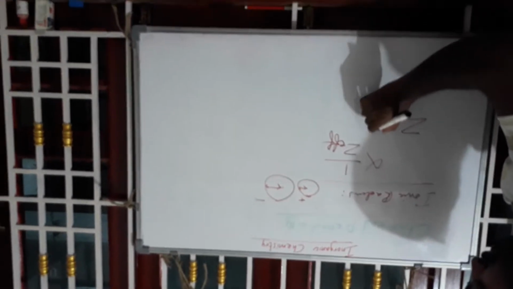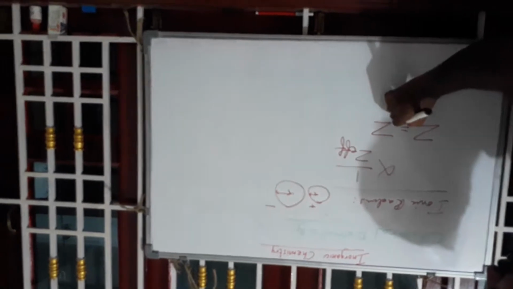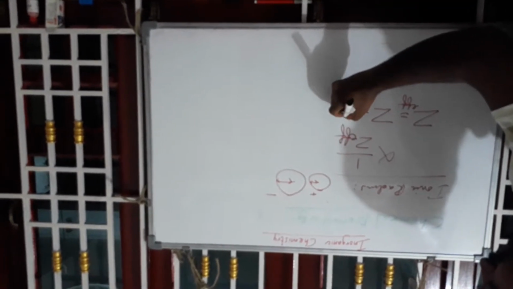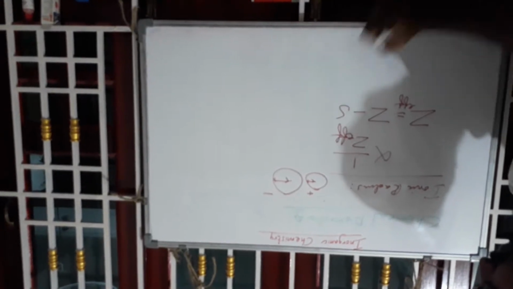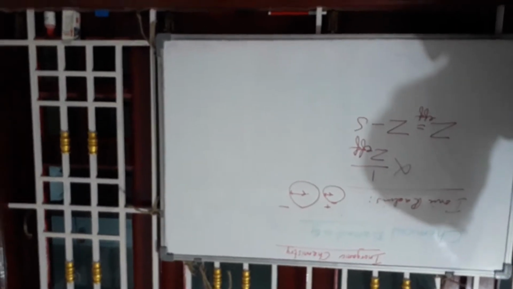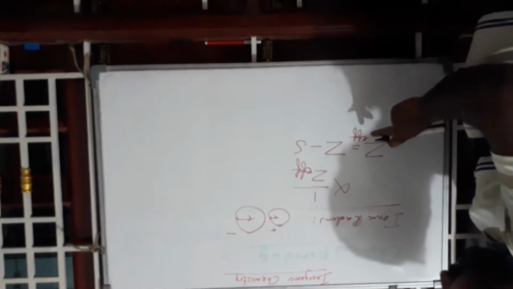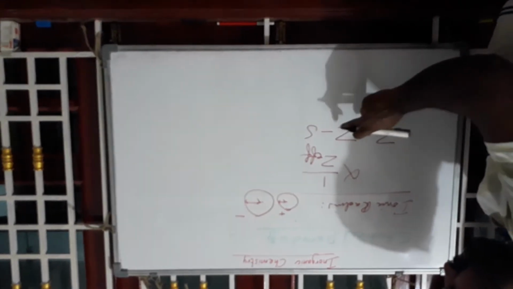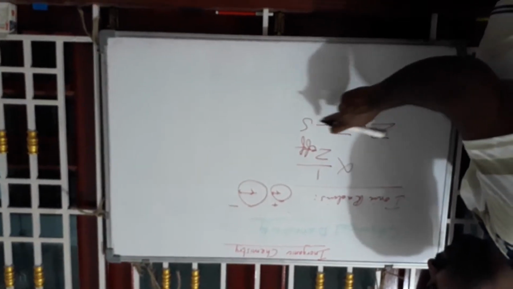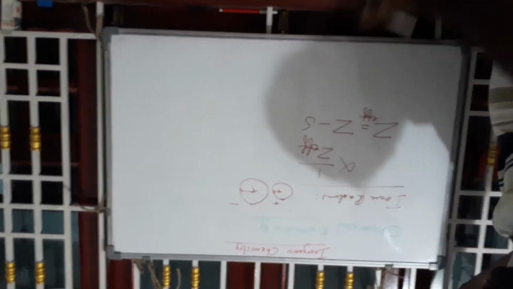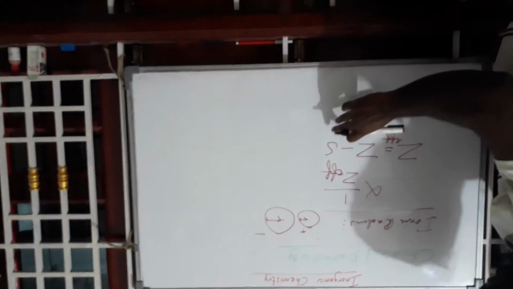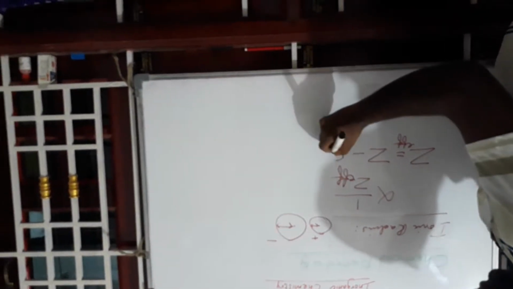Z effective equals Z minus S. Z effective is the effective nuclear charge, Z is called the atomic number, and S is the shielding constant.